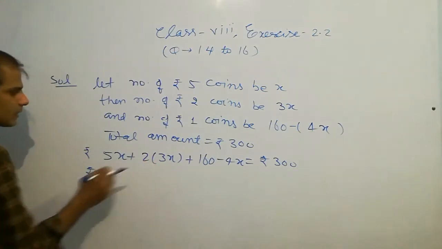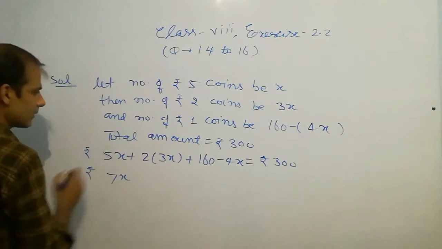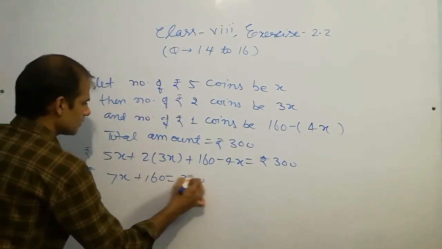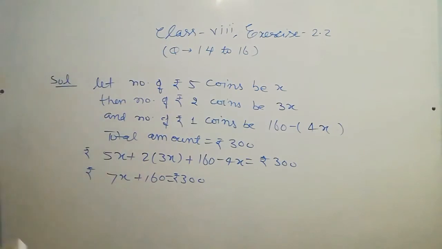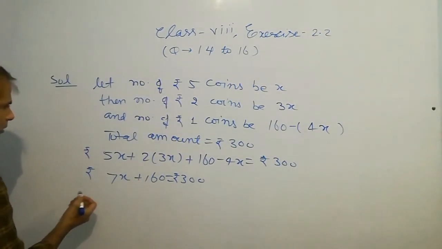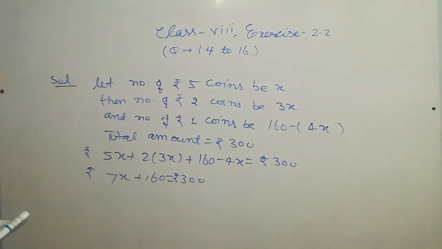So 5 plus 6, 11, 11 minus 4, 7x, and plus 160 equals rupees 300. And when we solve this, we get 160. What is 160? It is the number of coins.